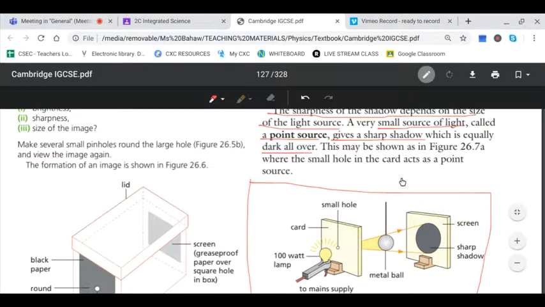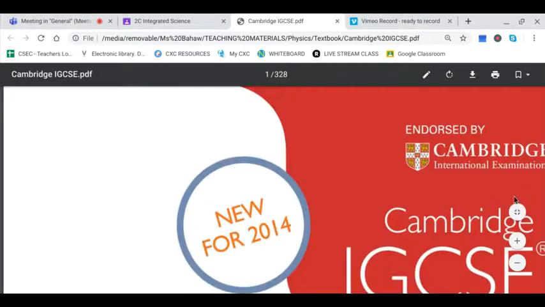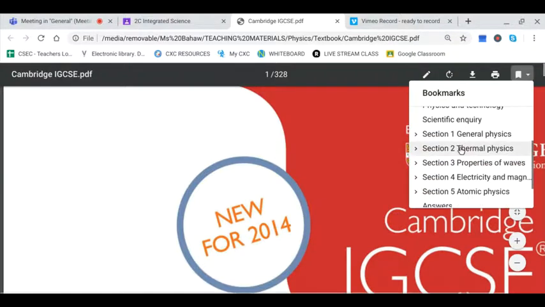What I will let you take down is this diagram here, those two diagrams that I circled. I'm just going back to it.